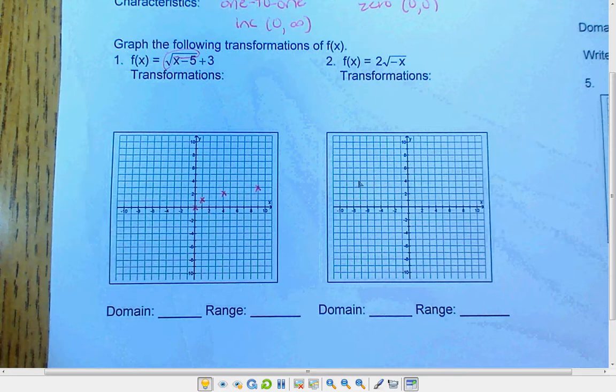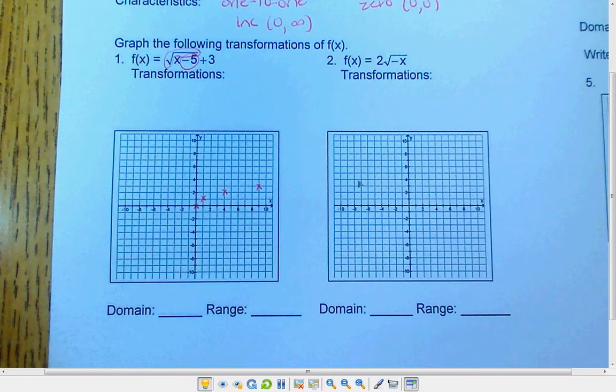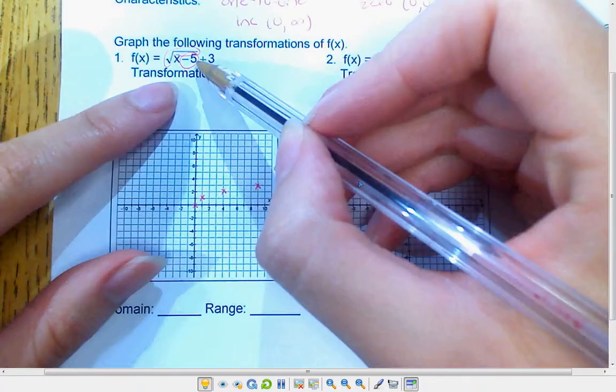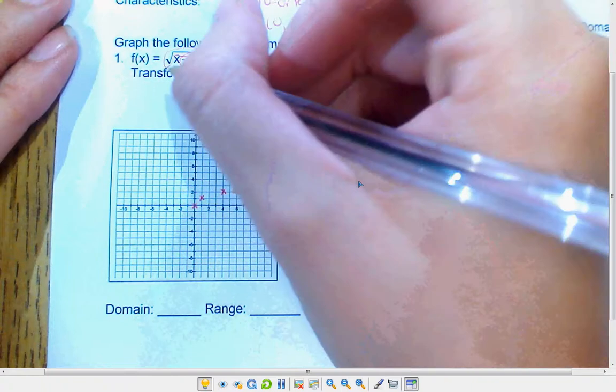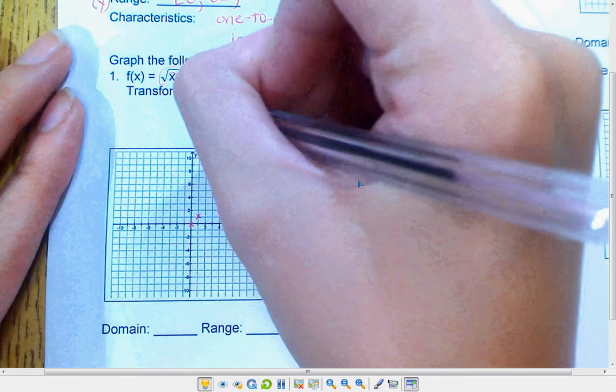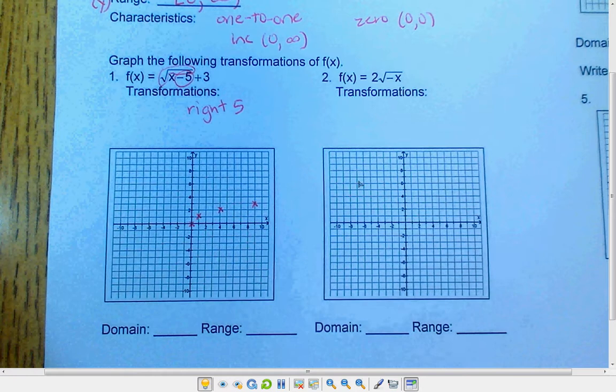Okay, let's look at what the transformations are here. This -5 inside of your function, so it's inside the square root, means it's affecting the x values. And so if it's affecting the x, it's going to be shifting either left or right. Because it's -5, it's going to be going to the right because it's the inverse. Whenever we're talking about our x's, it's the inverse.